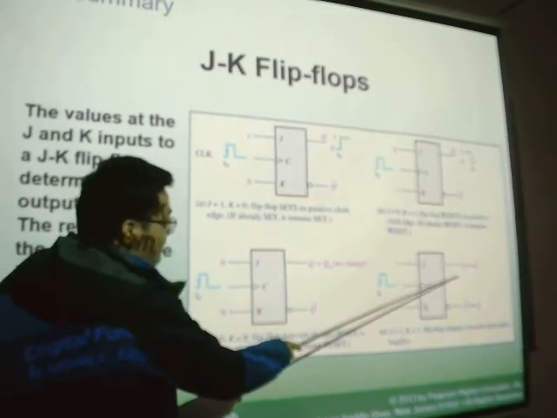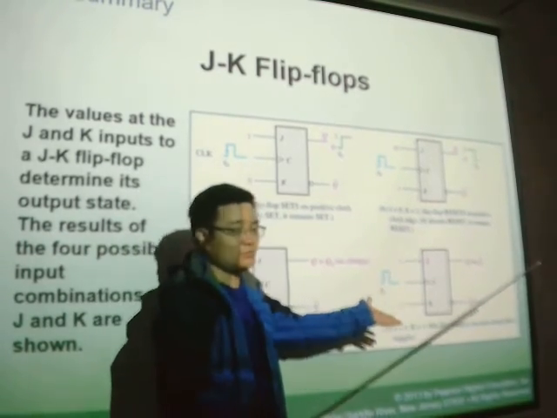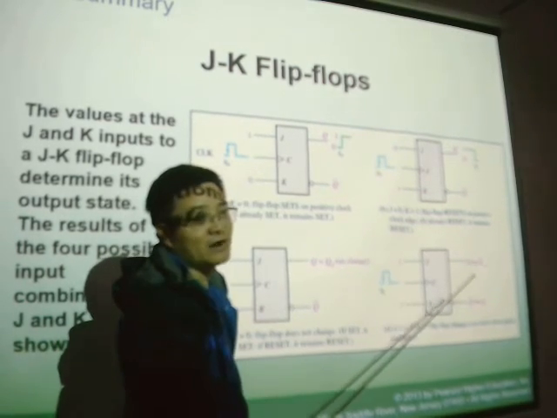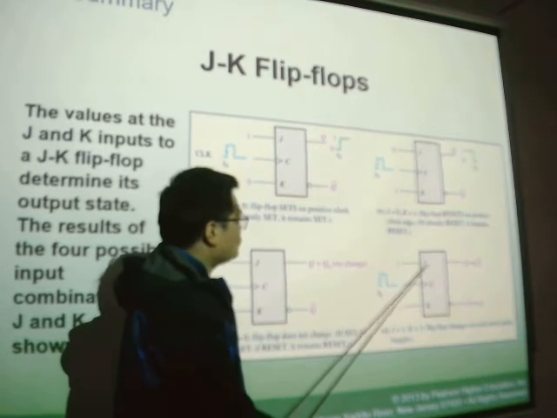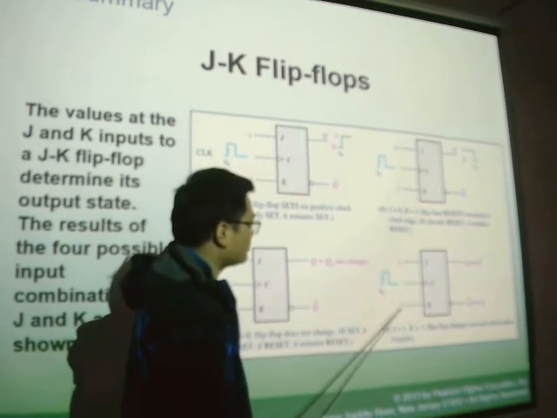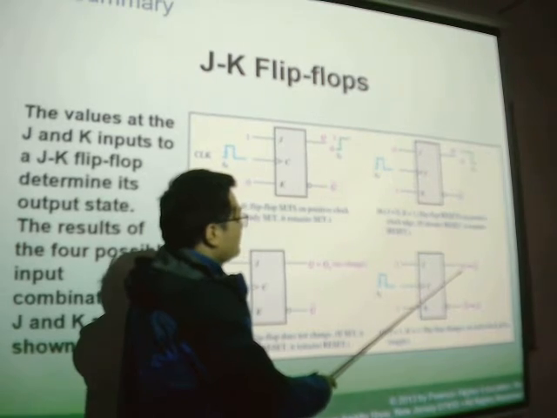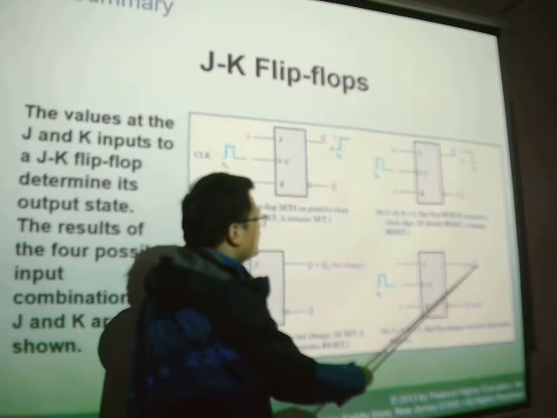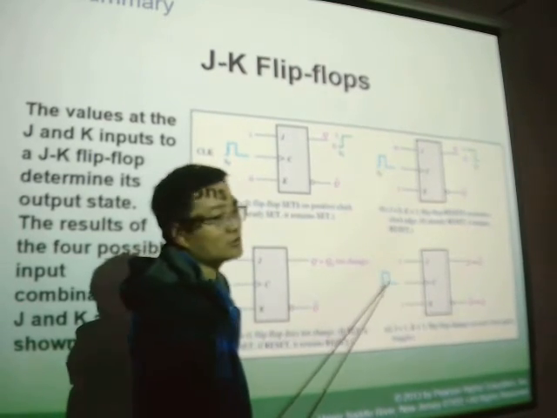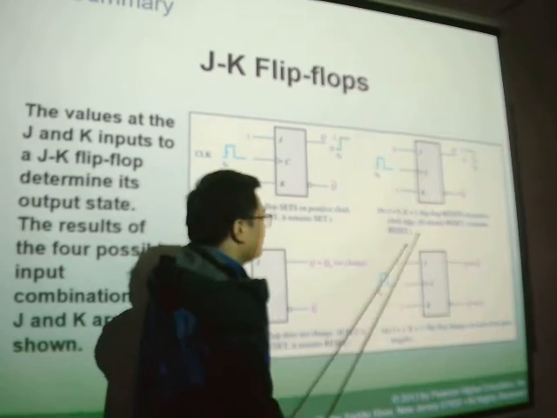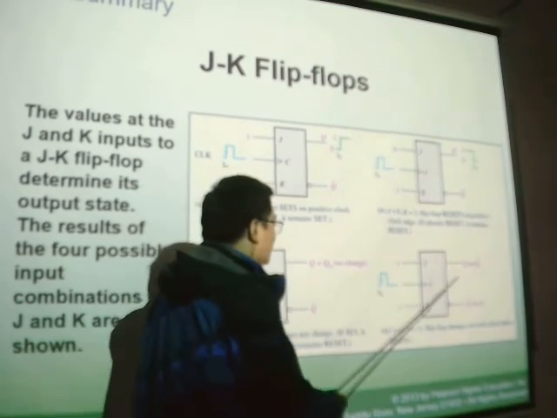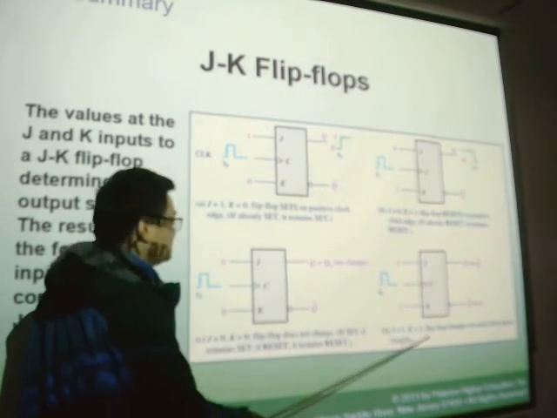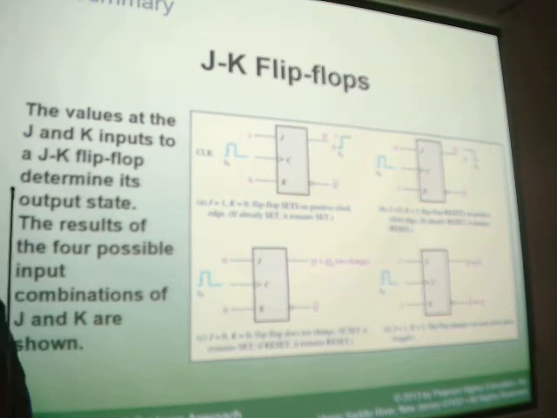The output will change to the opposite value. If J equals 1 and K equals 1, Q will be 0 for the first clock and 1 for the second clock, then 0 for the third clock, then 1 for the fourth clock. So the output will be like this.